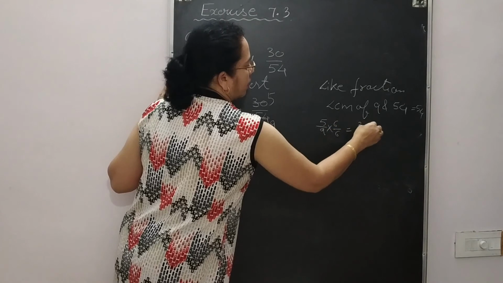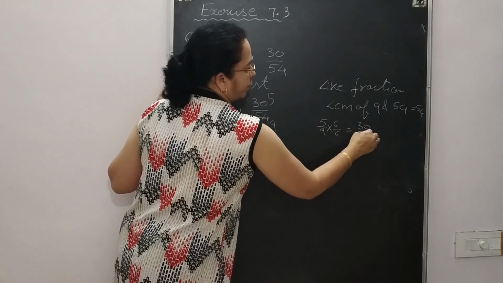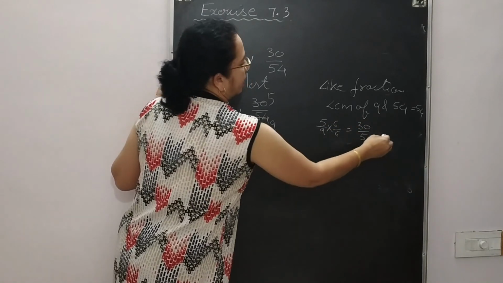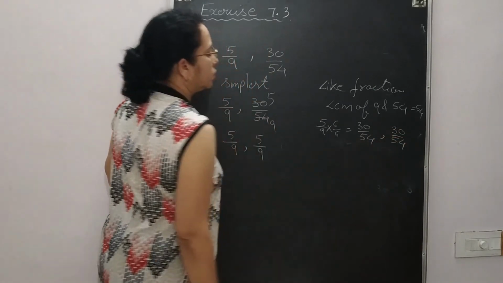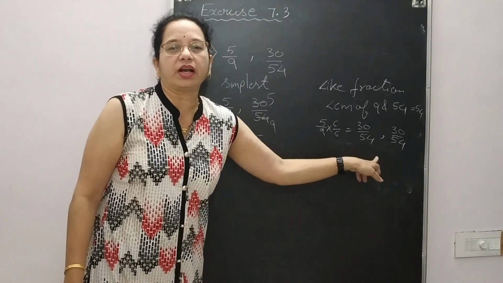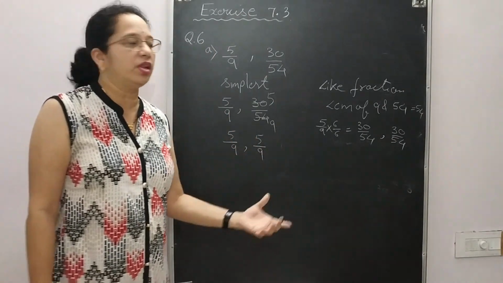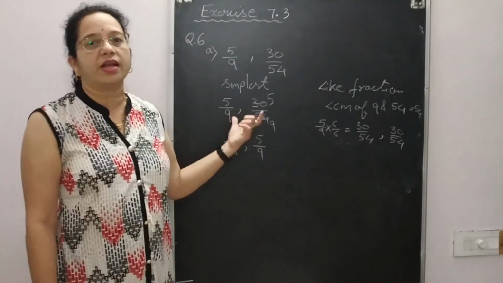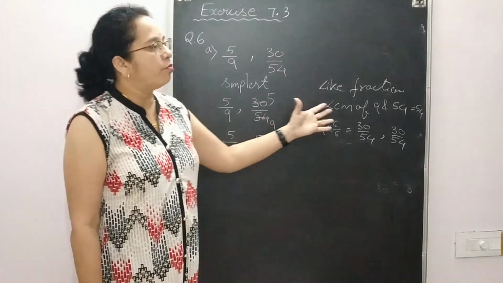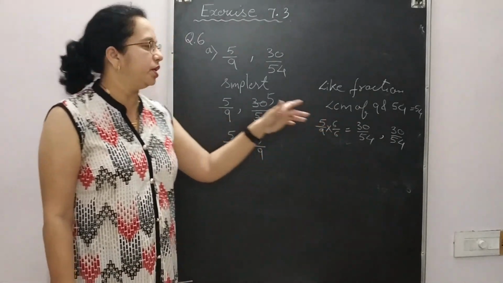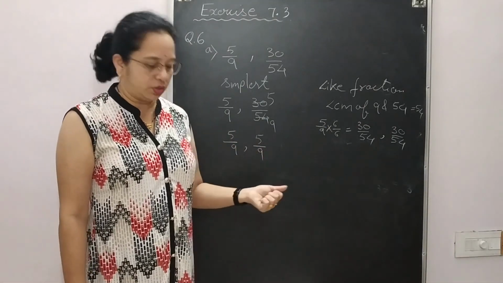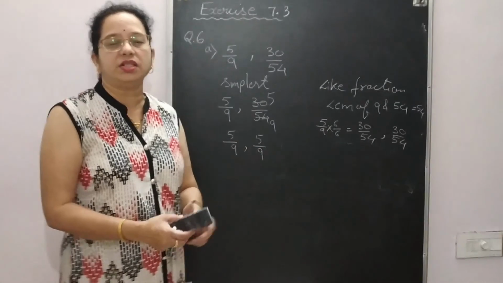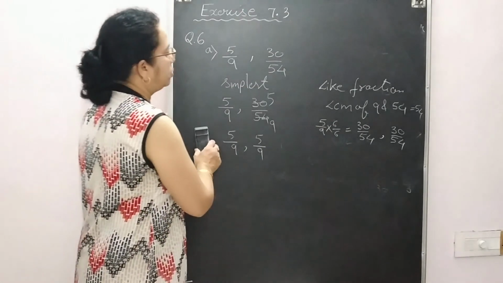So 30 upon 9 6s are 54. And this is already another fraction. It is given 30 upon 54. So you can say that here also the like fractions are same. They are equal. Their value is equal. Therefore they are equivalent fractions. Instead of multiplying and getting bigger number, it is always easier to convert into simplest form and solve. But choice is always yours. Whatever method is easier for you, you can use that method to solve.